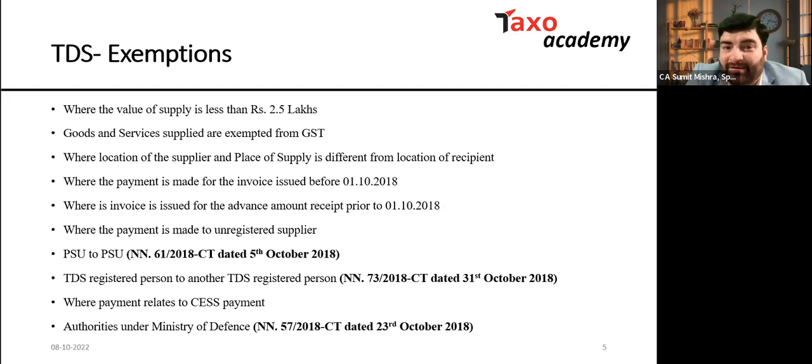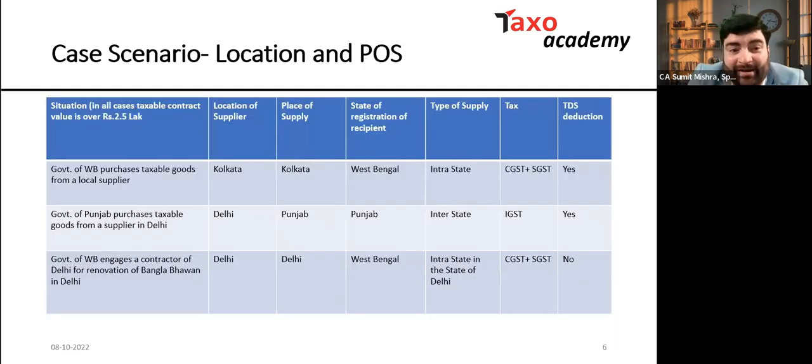Recipient location, for example: the government of West Bengal purchases taxable goods from a local supplier. In this case, the supplier is placed in Kolkata, West Bengal. Place of supply: since goods are supplied within the state of West Bengal, the place of supply will be West Bengal. State of registration of the recipient, government of West Bengal, is again West Bengal.